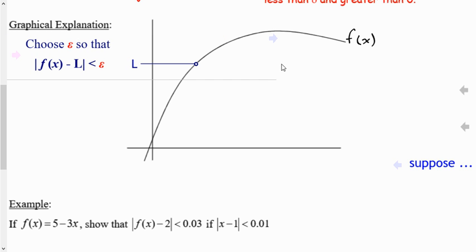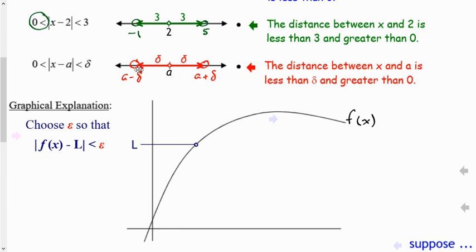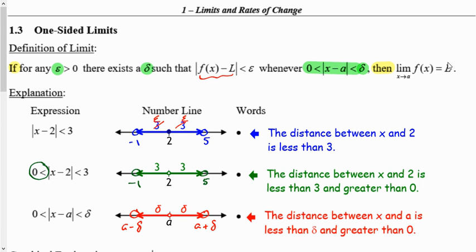We want to be able to choose an epsilon so that the distance between the function and L is less than epsilon. So here I'm just saying this is the value L. What's L? I don't know, it all depends on the function. But we're just getting a visual idea. But suppose this is some y value that I'm calling L. And notice up here in our definition that L is the value of the limit. Okay, so that's why that's important.